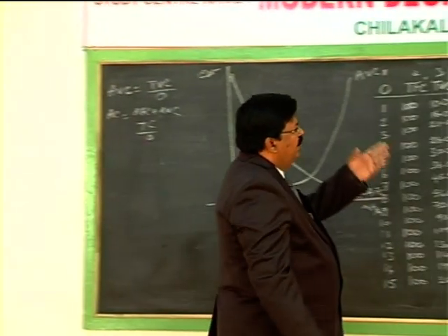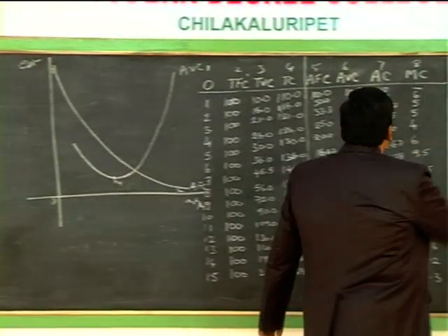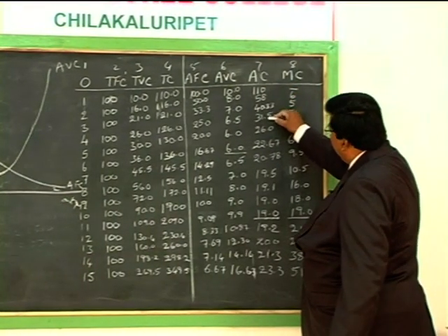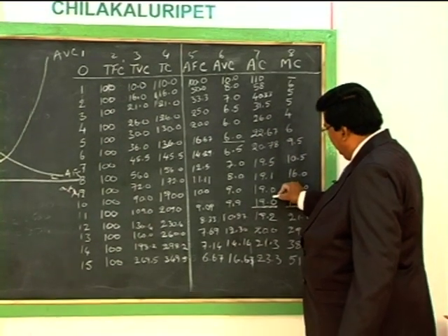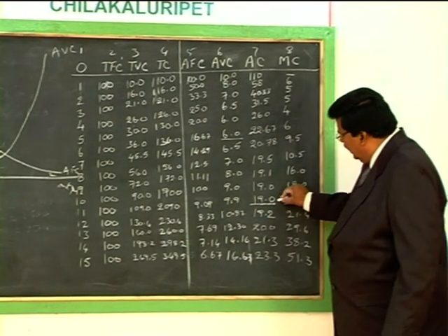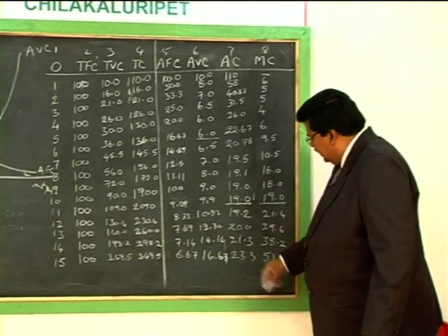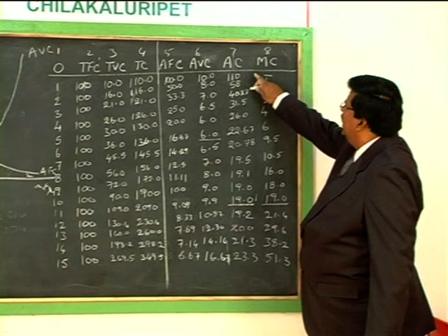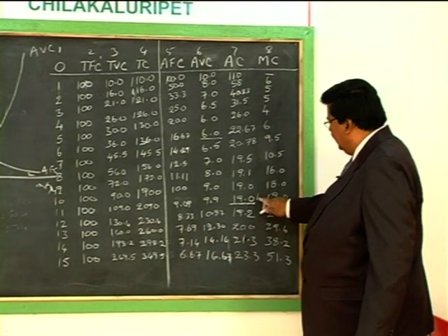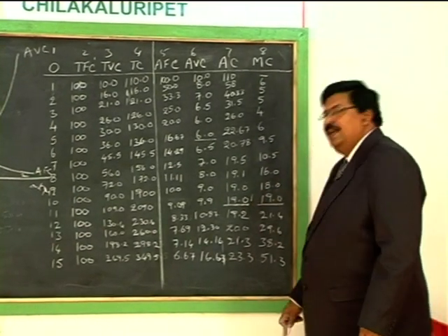Now see how average cost appears. 110, 58, 40, 31.5, 26, 22, 20, 19, 19, 19, again here 19, and again rises: 19.2, 20, 21, 23. That means AC initially declines, reaches a minimum and then increases.